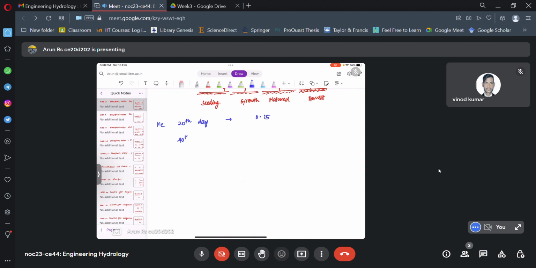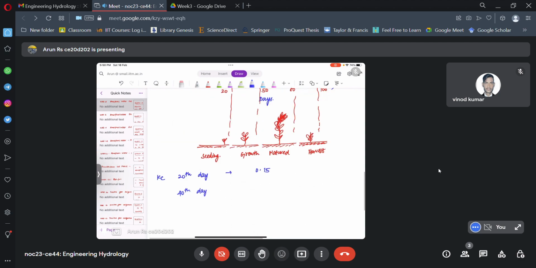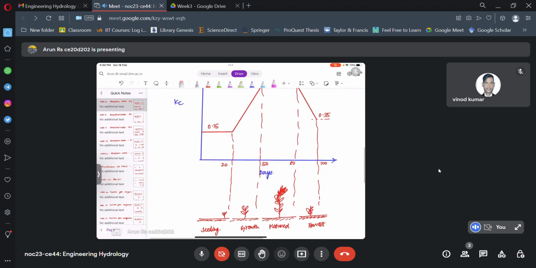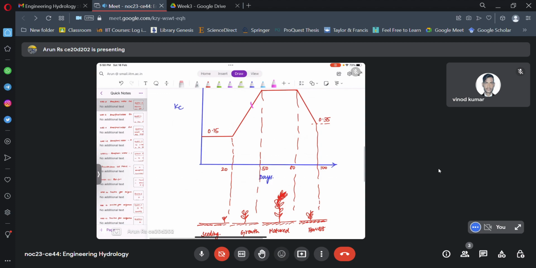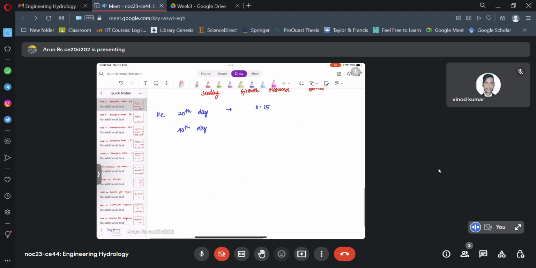At the 40th day, it will come somewhere in between here, so that we can compute by linear interpolation. So 15 by, this is just linear interpolation, 1.19 into, so this will be equal to 0.774.